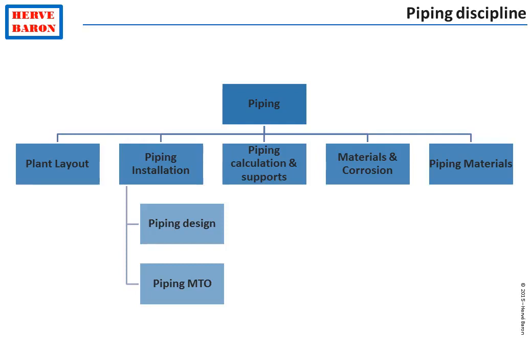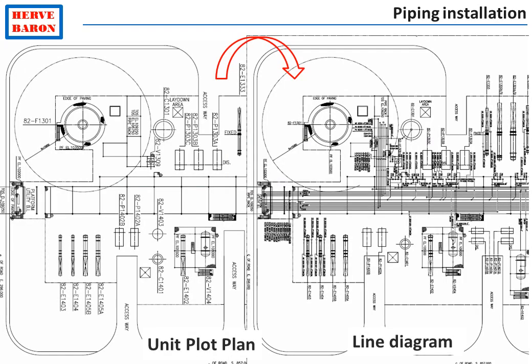Therefore, in this module, we will look at the remaining disciplines, which are piping installation, in charge of the routing of lines; piping calculation and supports, in charge of the calculation to confirm the routing that has been designed by piping installation and to define the types of supports required for the lines; and then piping and materials, in charge of specifying and ordering all piping materials. Let's start with piping installation.